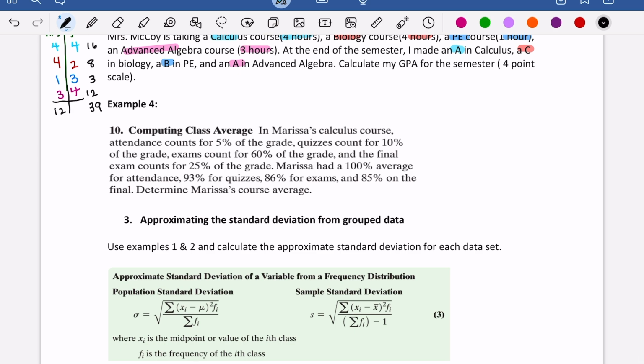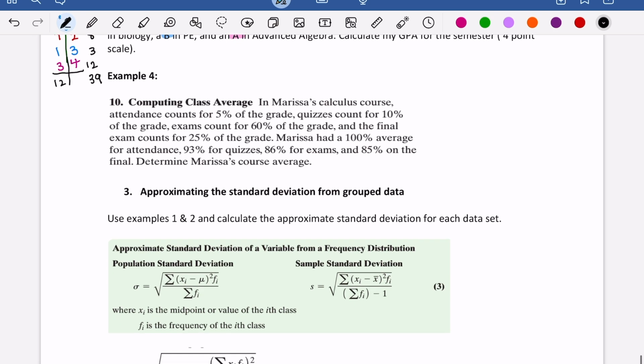Computing class average. In Marissa's calculus course, attendance counts for 5% of the grade. Quizzes count for 10% of the grade. Exams count for 60%. And then the final exam counts 25%.